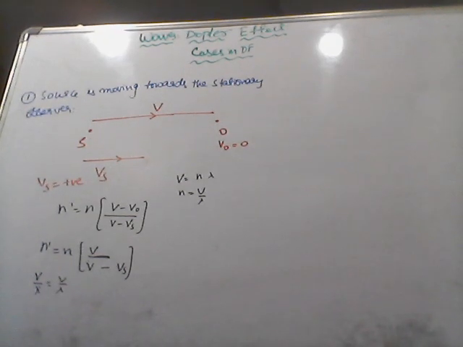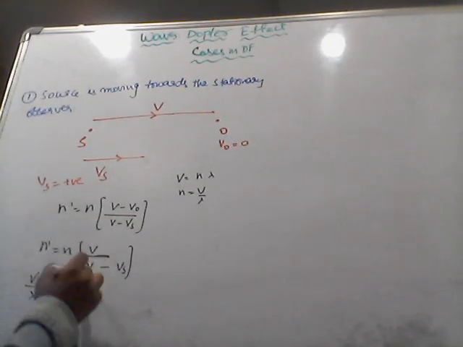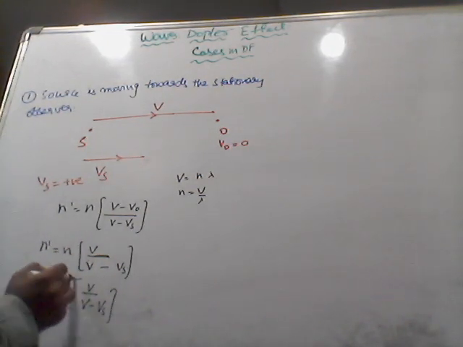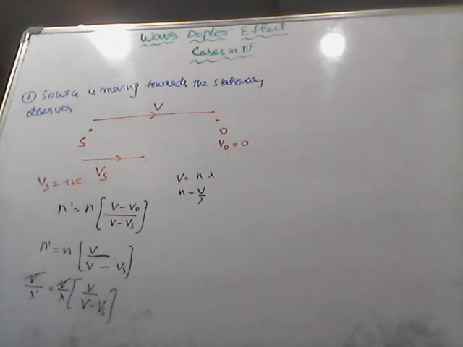Now V and V are the same, so V and V cancel, correct? Now 1 by lambda dash is equal to 1 by lambda into V by (V minus Vs). Inverting this, lambda dash is equal to lambda into (V minus Vs) by V, correct?